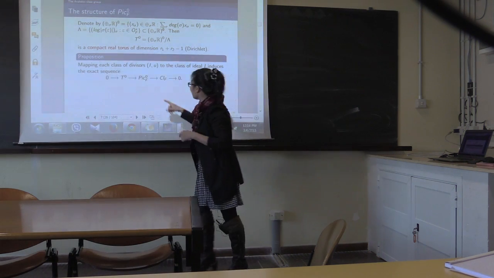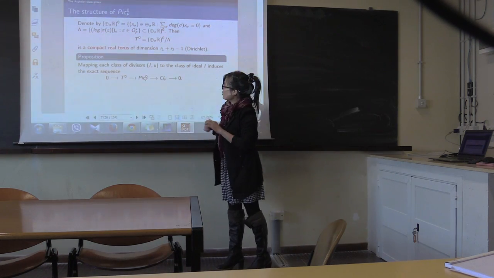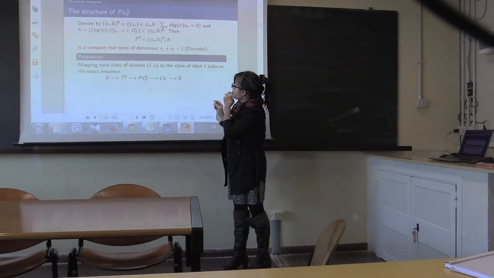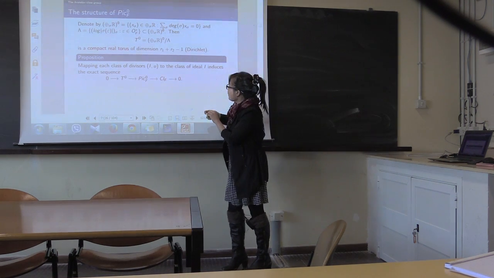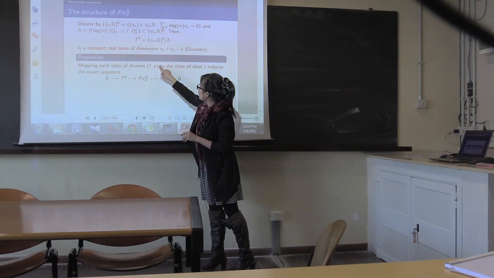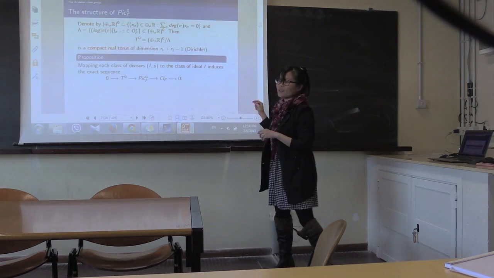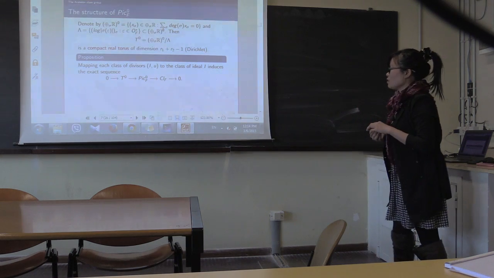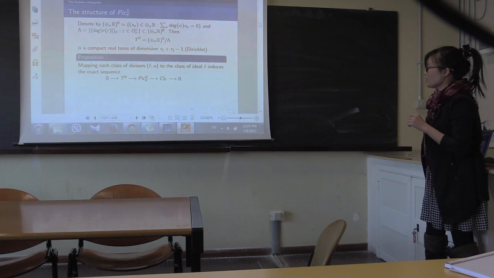And from Pic⁰(F) to the class group of F, you take the pair of the Hermitian line bundle to the class of the ideal I in the class group of F, and we have the exact sequence.